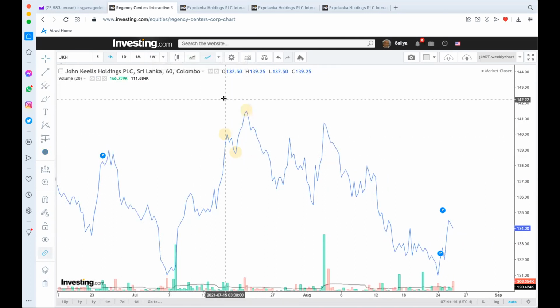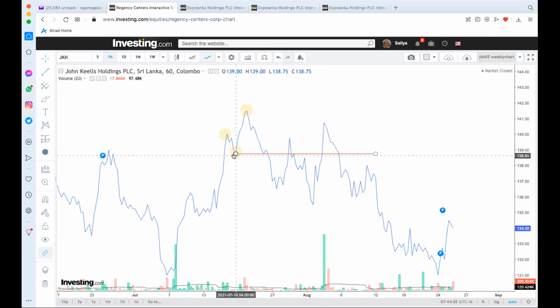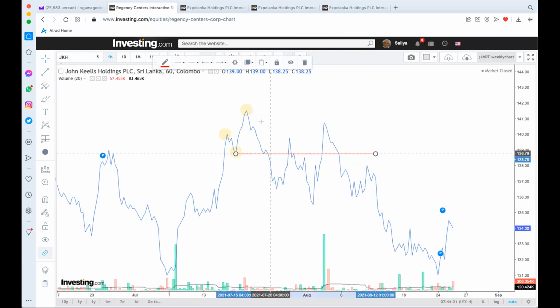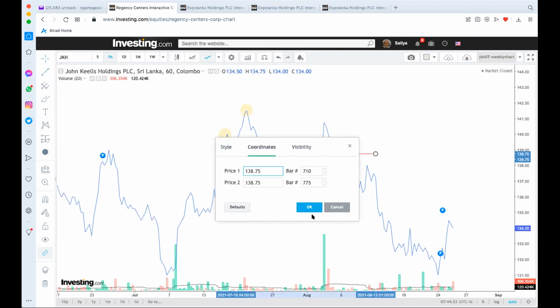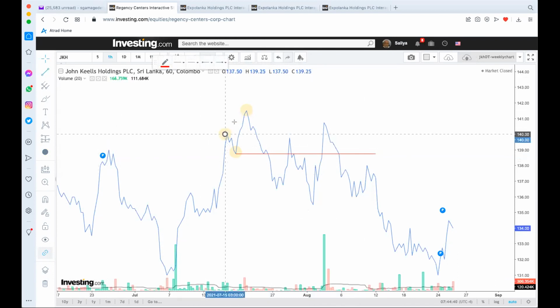And before this, we can make use of this bottom and draw our horizontal line at 138.75. Then we will immediately look at the distance between the 2 points and the low, like so.